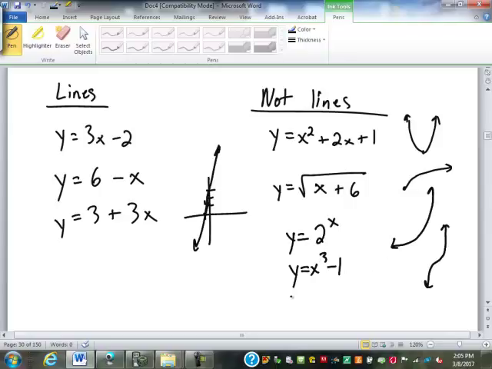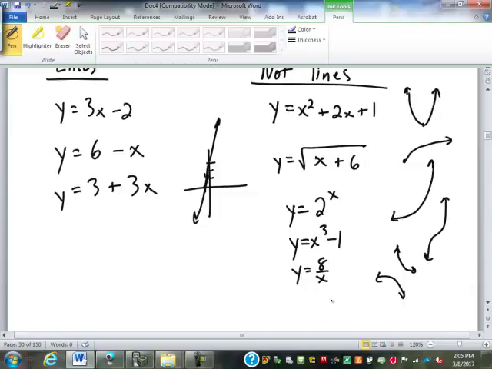8 we graphed together. Y equals 8 divided by x. That one actually ended up being 2 curves, like this, because remember, x could not equal 0. Number 9. Y equals 4x squared minus 8. Did anybody get that one done?